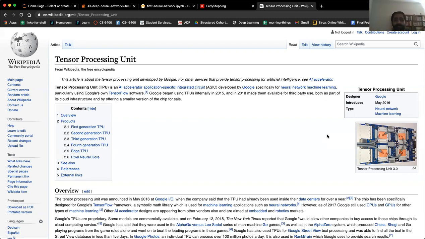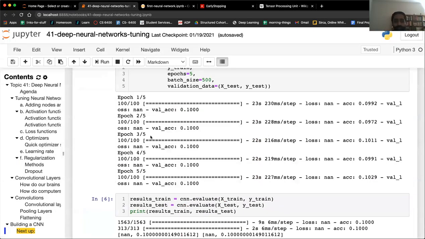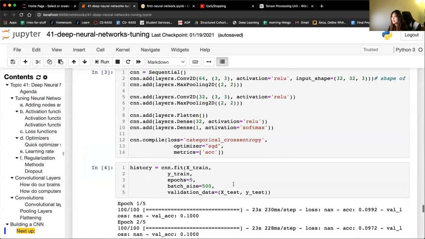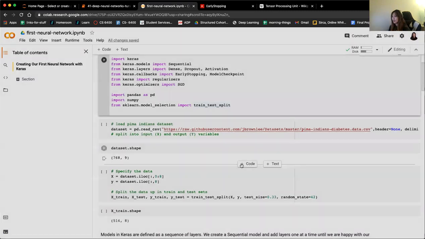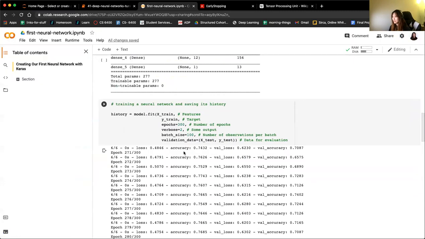So the arrow which was moving while you are running the epochs, is it automated, or do you have to activate some kind of widget? This is the default. You can actually edit this with the verbose setting. So I think I have it here.